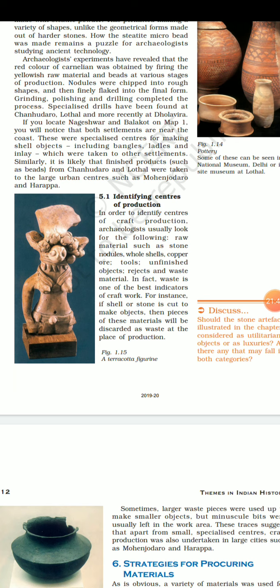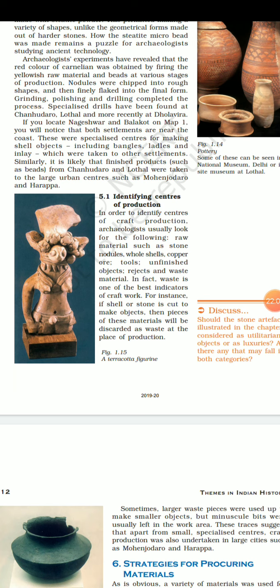In fact, waste is one of the best indicators of craft work. For instance, if shell or stone is cut to make objects, then pieces of these materials will be discarded as waste at the place of production.